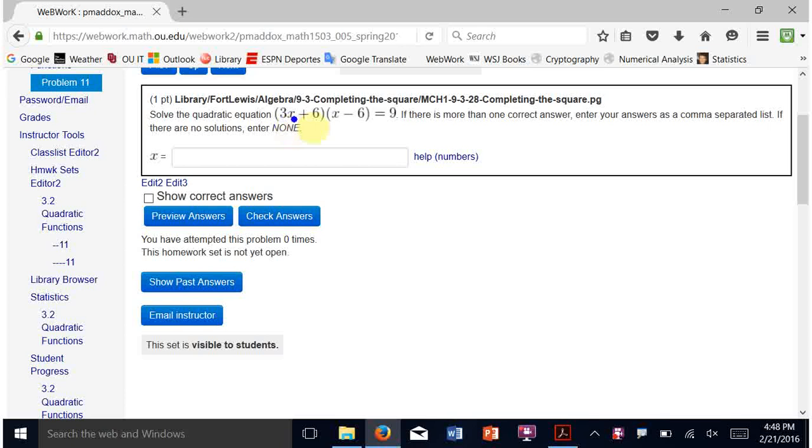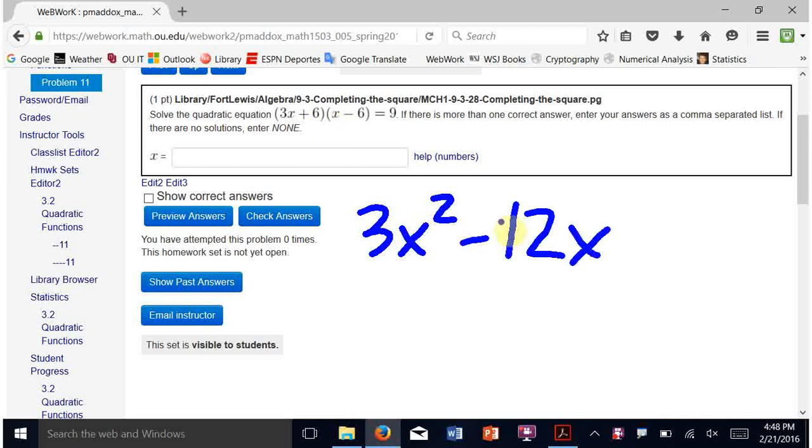So first, when you multiply 3x plus 6 times x minus 6, it becomes 3x times x is 3x squared. And then you have 3x times -6, -18x, plus 6x would be -12x, and 6 times -6 would be minus 36.